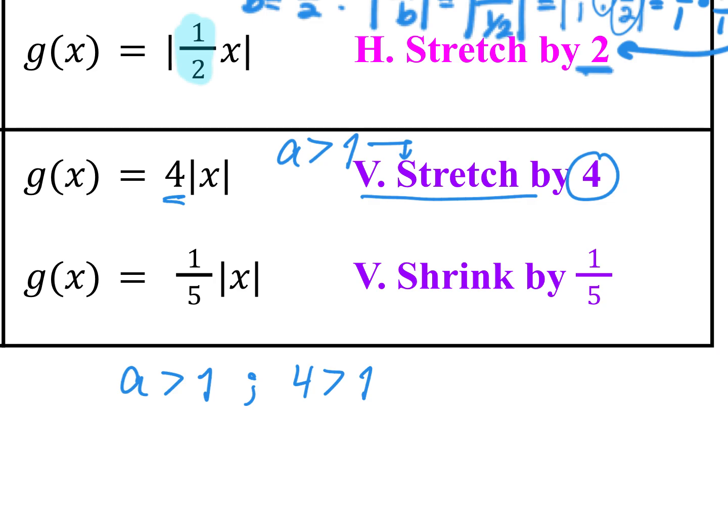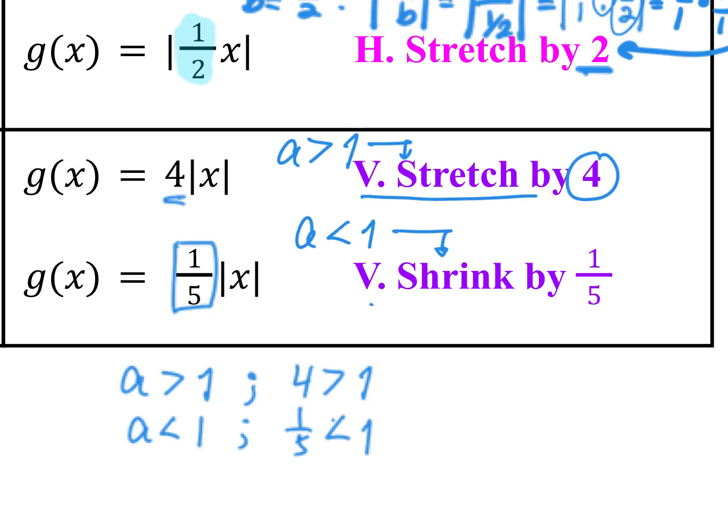Let's look at the opposite. Here in this case, you can see that 1/5 is less than 1. Therefore, we can say that if the value of a is less than 1, then it's going to have a vertical shrink by that same factor.